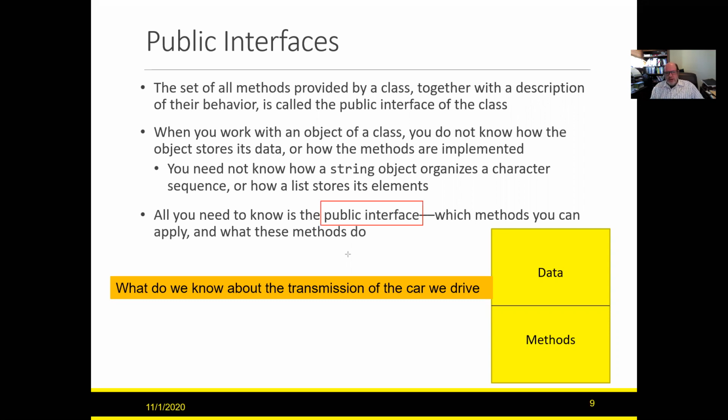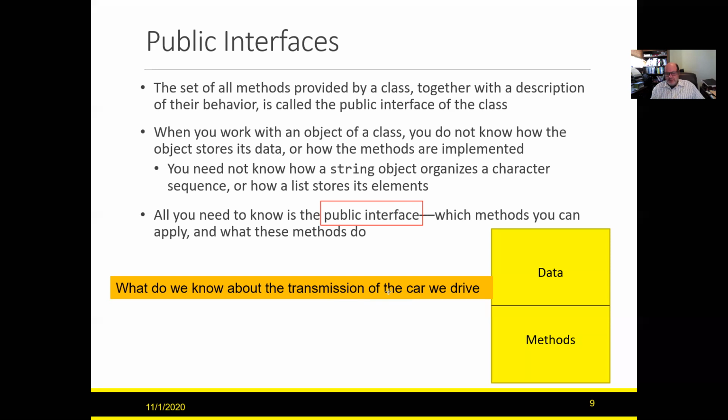So if I have a transmission in my car that I'm driving, do I know the detail of this transmission? I have no idea. I have seen people opening the transmission and having thousands of pieces in it that I would not even dream of putting together. But I don't know those things.